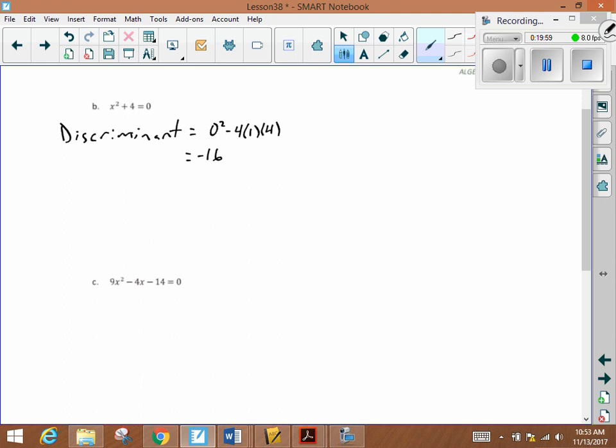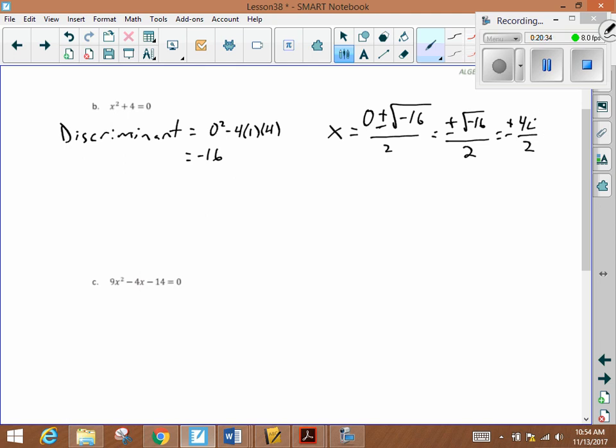So we find our solution. We go ahead and plug that in to x equals 0 plus or minus the square root of negative 16, all divided by 2 times 1, which is 2. So we get plus or minus the square root of negative 16 over 2. So that's going to be plus or minus 4i over 2.